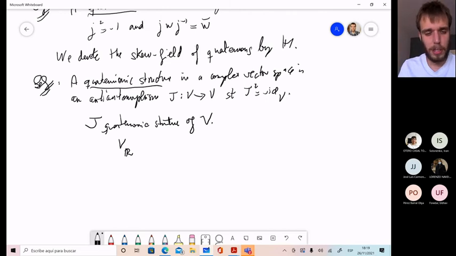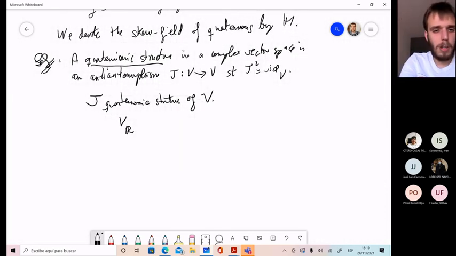Traditionally, I have always been taught not to say quaternionic vector space because the quaternions are a skew field and not a field, and then you should say a module over the quaternions. But I will say quaternionic vector space because for me it's easier or more natural.